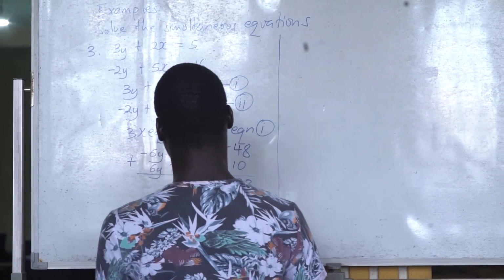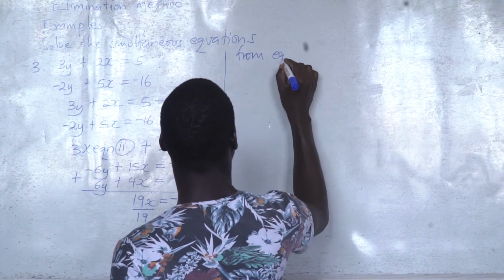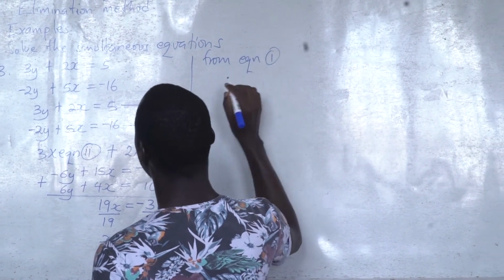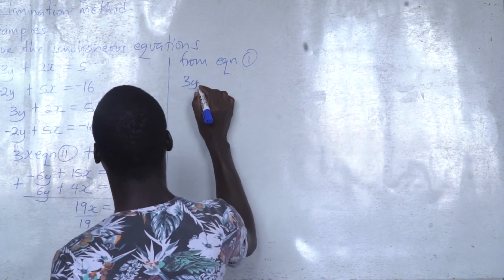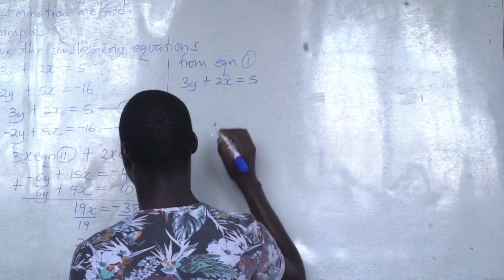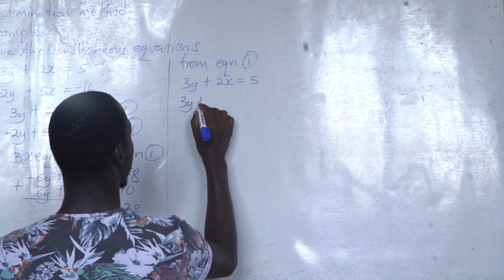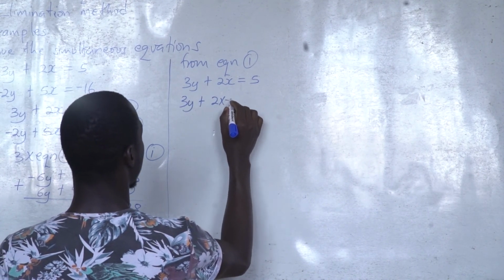Then I get the corresponding value of y using any equation. So equation 1, that is 3y plus 2x is equivalent to 5. So I substitute the value of x that I've got here. So that is 2 times negative 2.